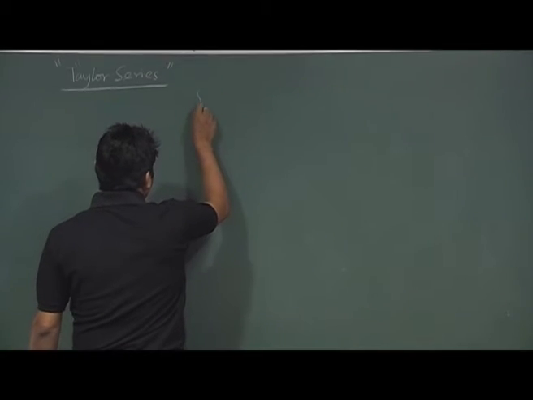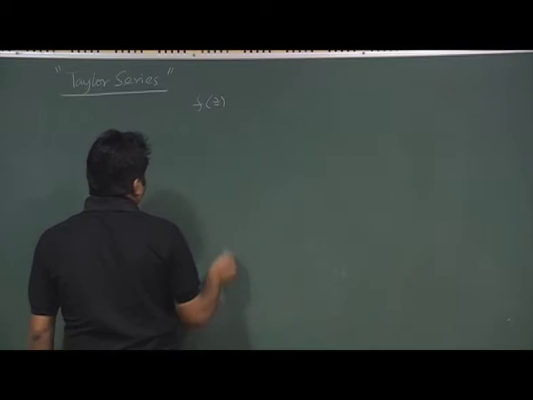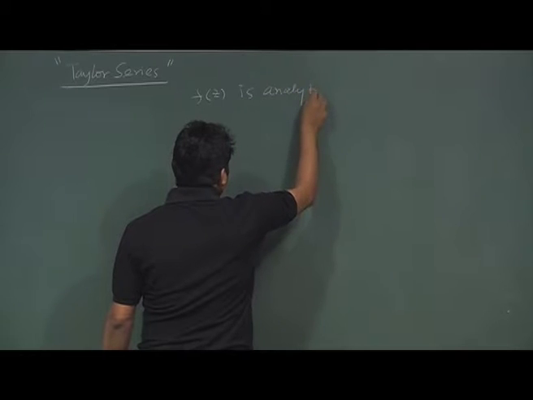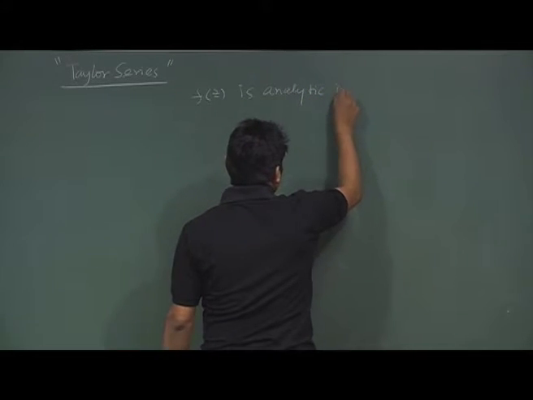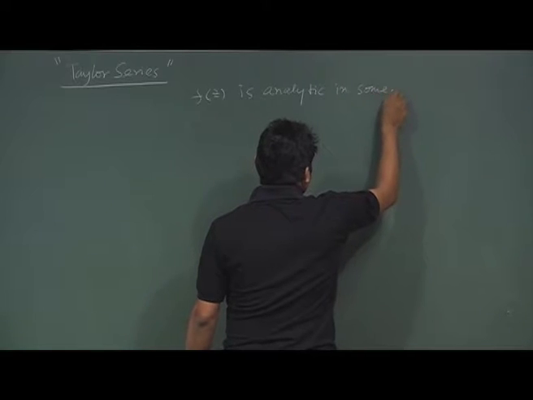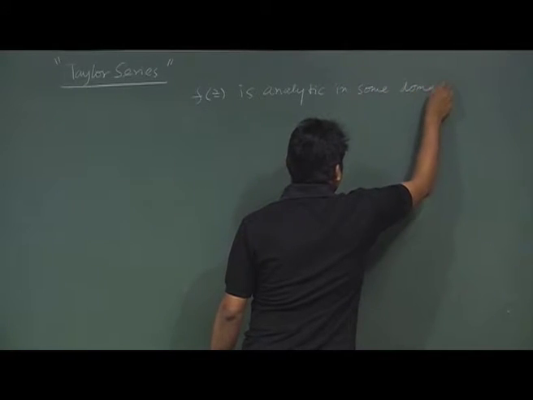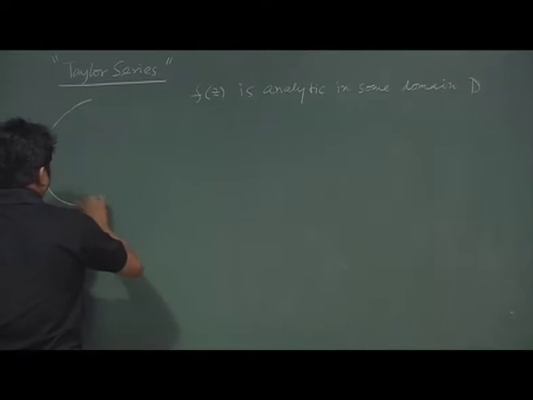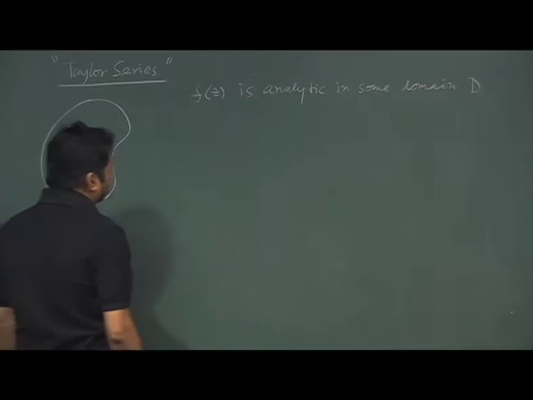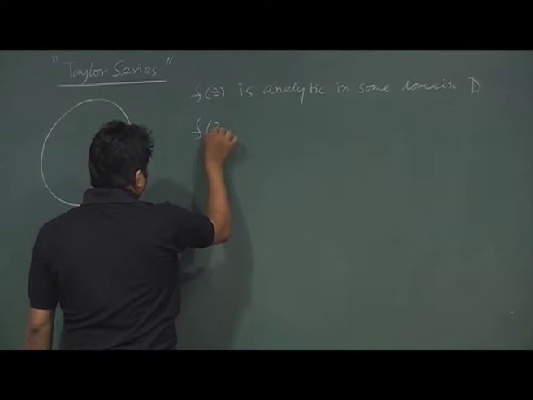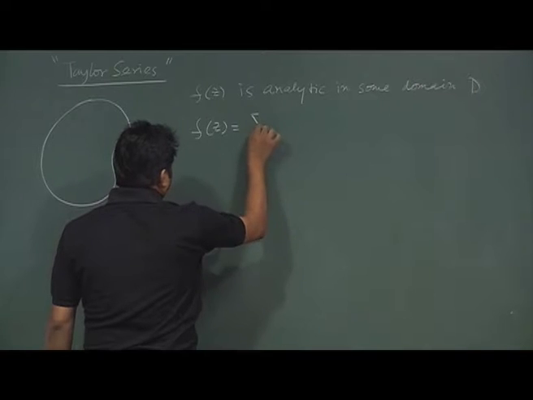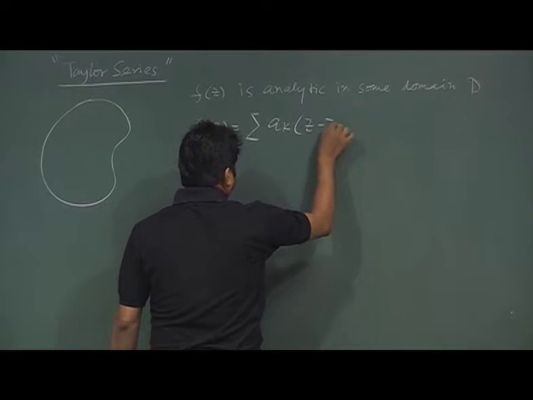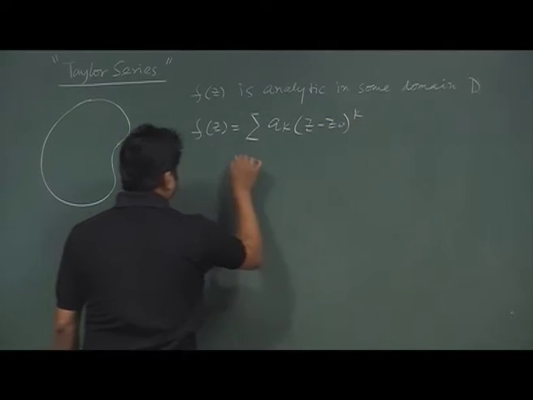So, if a function f(z) is analytic in some domain D, that means if I have some domain D here and f is analytic, then f(z) can be expanded as a power series around some point z0 like this, no problem with that so far.